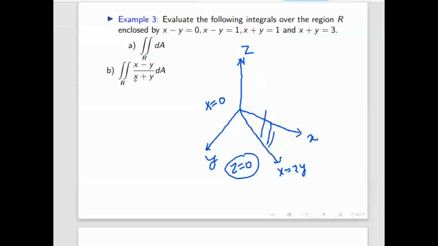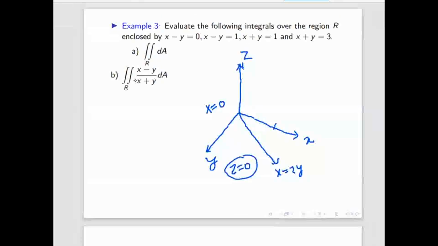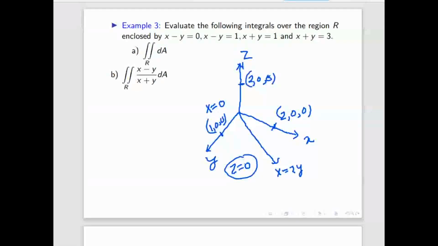I'm just erasing this. Later I will take it. So this point is suppose 2, 0, 0 on the x-axis. Y is something 1, 0. So 0, 1, 0, on the y-axis, right? 0, 0, 2, and this one is 1, 0.